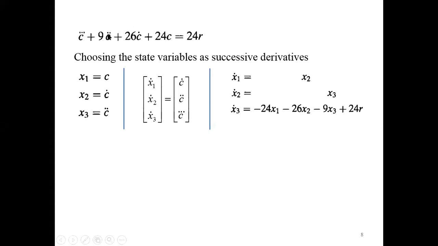And from here we can see that c is equal to x1, so minus 24 x1 minus 26 x2, and similarly minus 9 x3 plus 24 r.